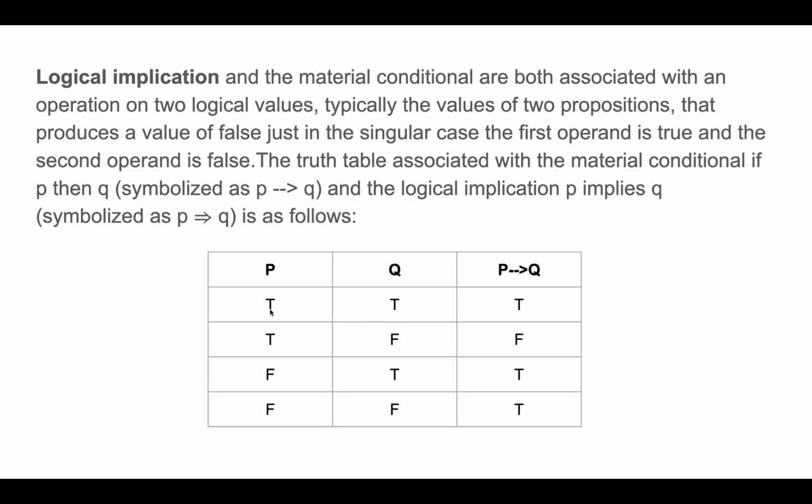So if P is true and Q is true, P implies Q is true. If P is true and Q is false, then P implies Q is false. And in the other cases, that is when P is false, Q may be true or Q may be false, P implies Q is true only. It is logical implication, P implies Q. Getting?